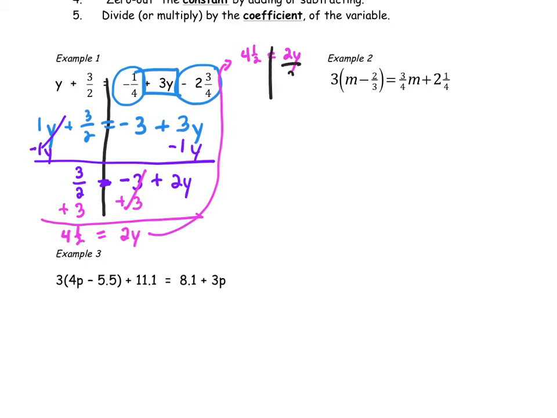We're going to divide by 2 on both sides. Again, you would enter this in your calculator as 4 ABC 1 ABC 2, and then the division sign, divide by 2. The answer would be 2 1/4 equals y.